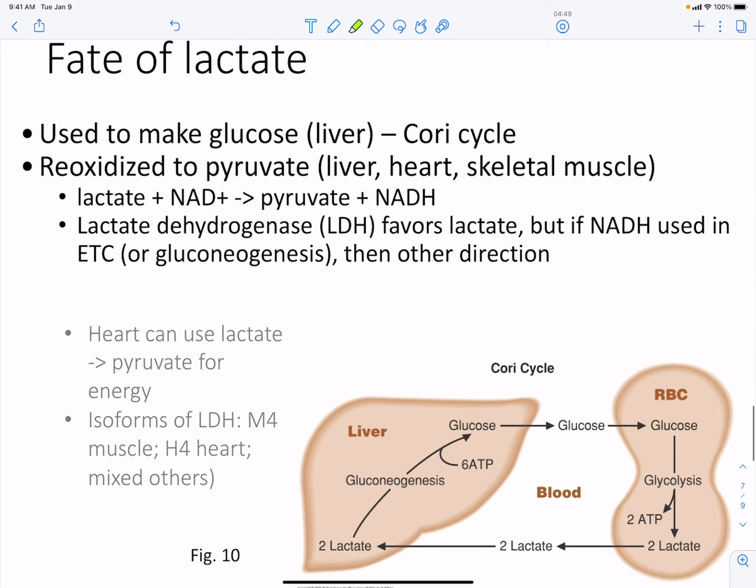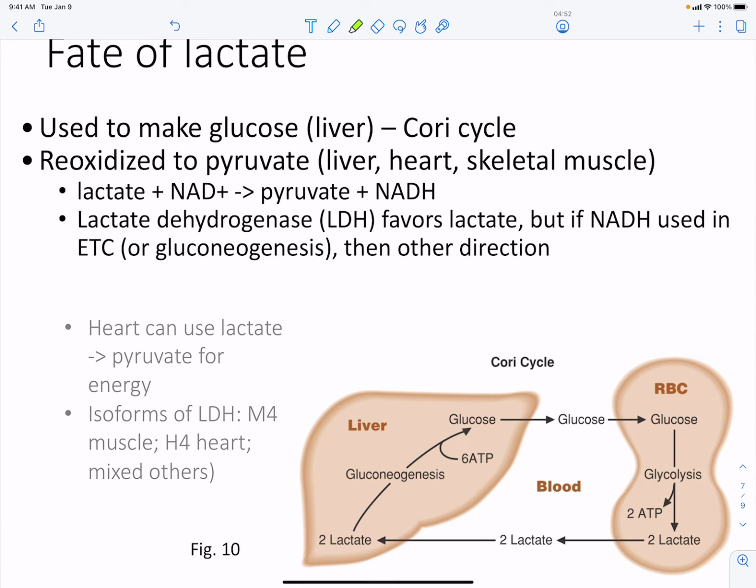Now, lactate is also going to be used in the Cori cycle. This is an important cycle, especially during the fasting stage. In the Cori cycle, you have the red blood cell that can only do glycolysis. So this is only going to be anaerobic.